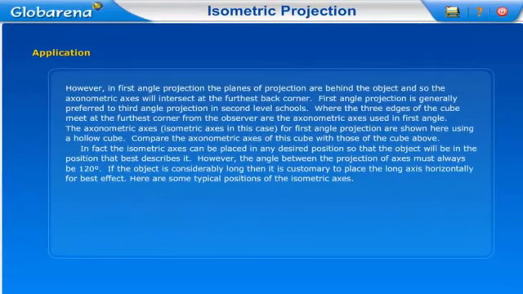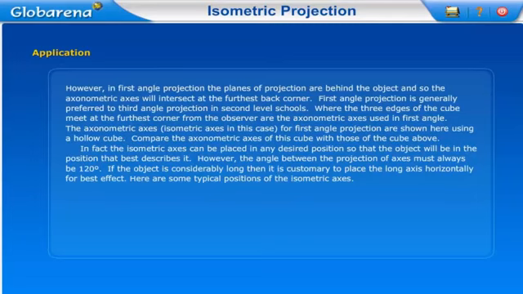However, in first angle projection, the planes of projection are behind the object, and so the axonometric axis will intersect at the furthest back corner. First angle projection is generally preferred to third angle projection in second level schools.